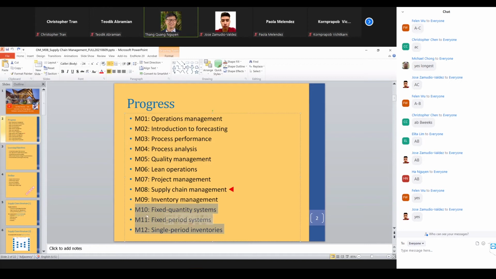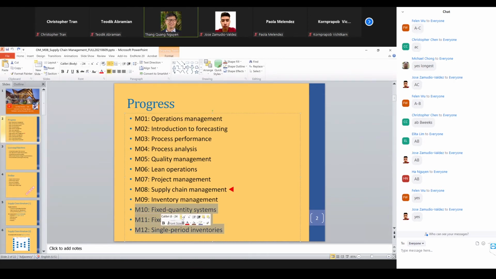We're going to learn about one model in Module 10, another in Module 11, and another in Module 12. So these are the 3 important models that managers will have to use to manage their inventory.